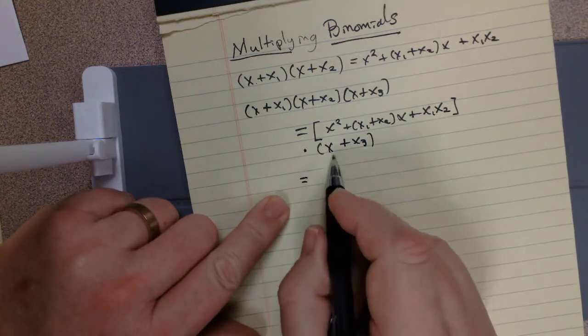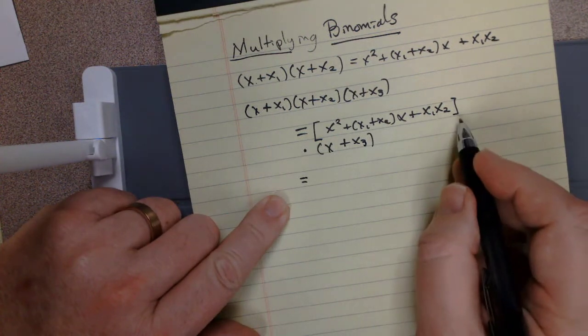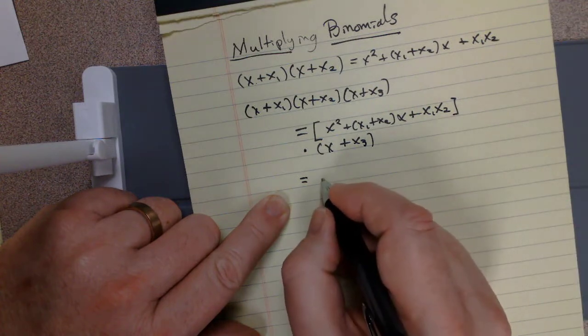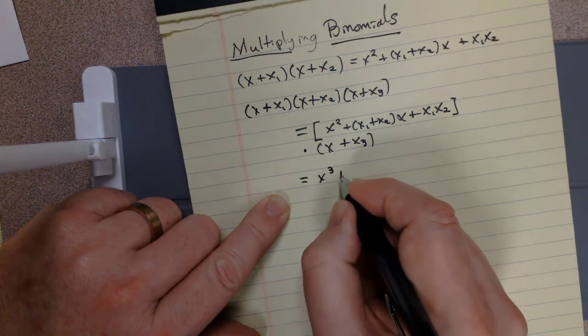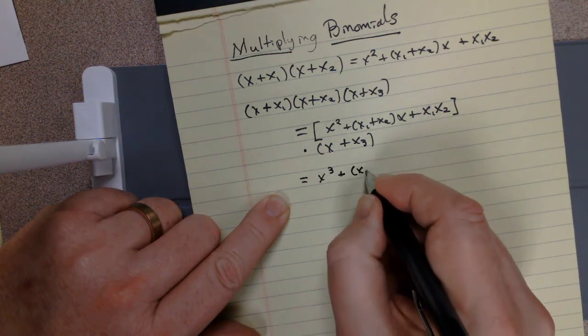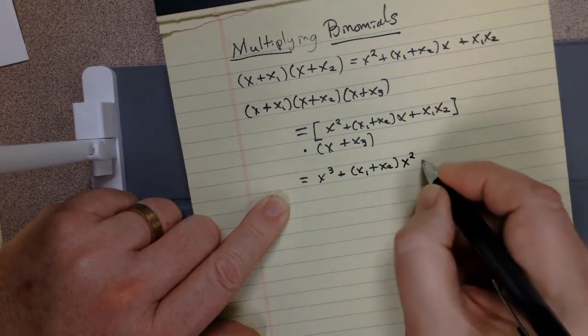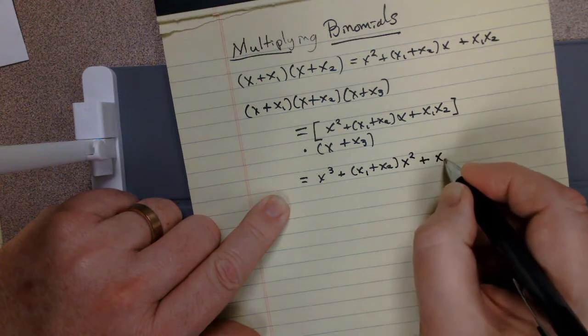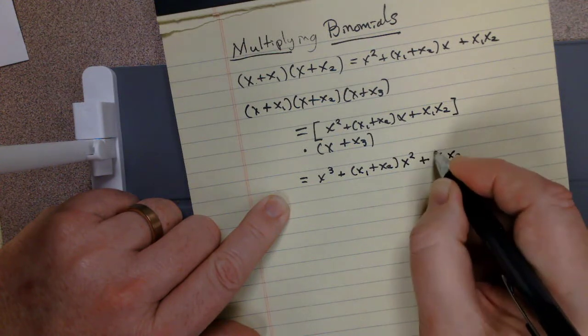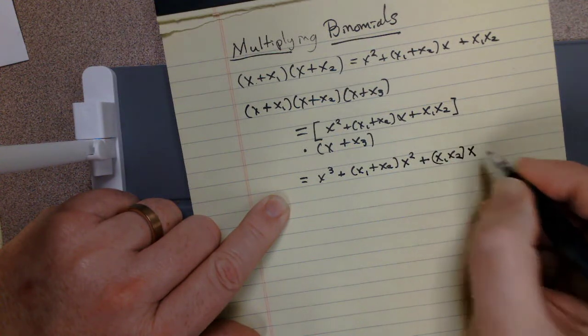Well, taking the x from the bottom and multiplying it through each term from the top, this gives us x cubed plus x1 plus x2 times x squared plus x1 times x2 times x.